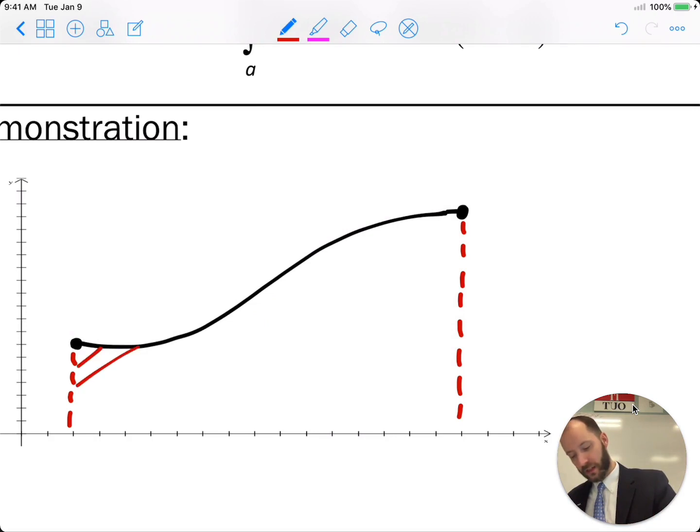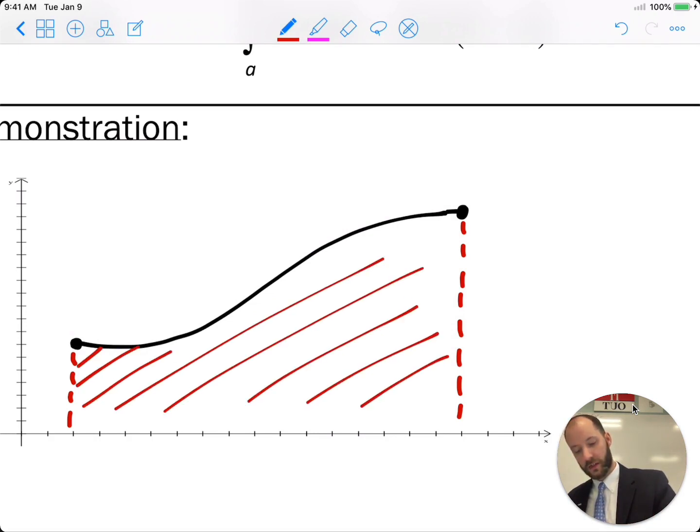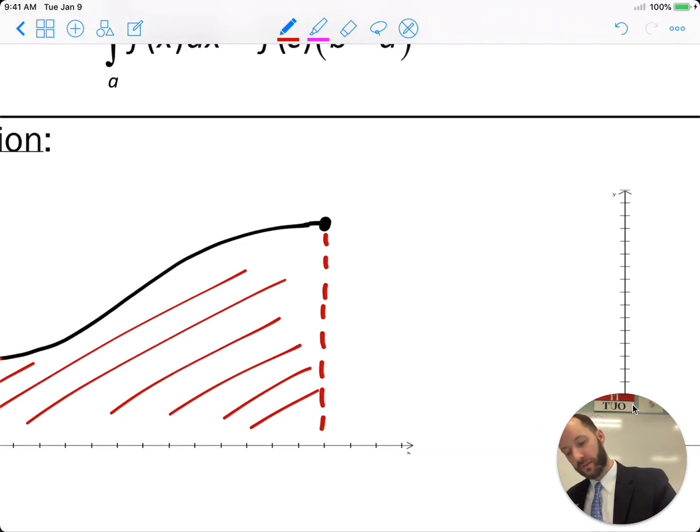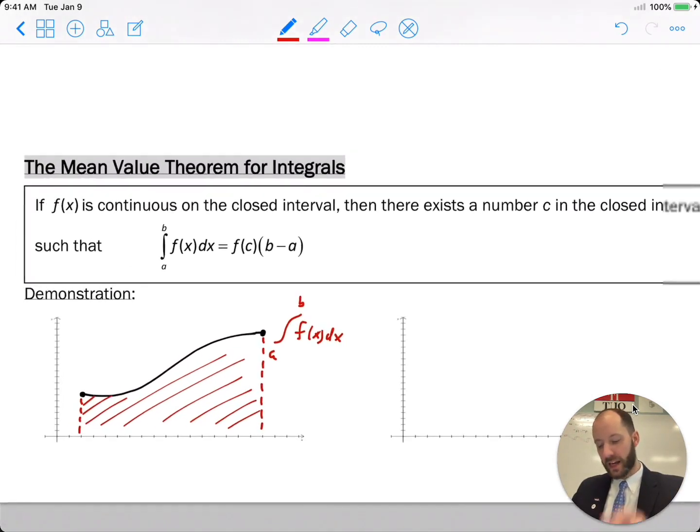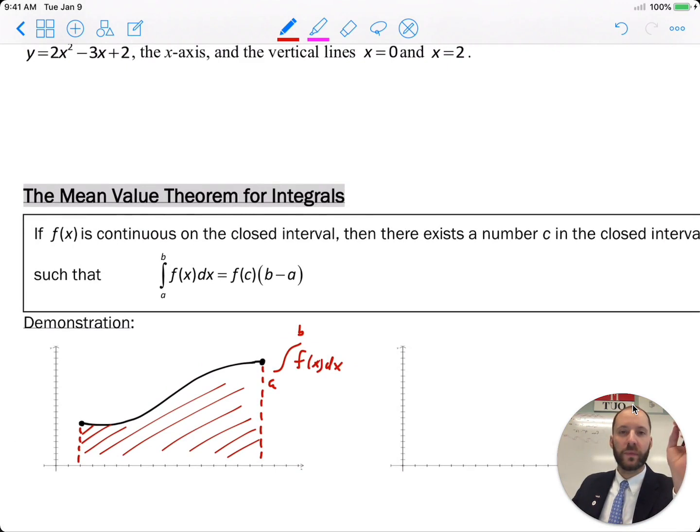So this area, all in here. That would be the integral from a to b of f of x dx. Now the mean value theorem says, on that interval from a to b, there must be some value c in there, where f of c gives you a certain height, and that height times the width would equal the actual area under the curve.